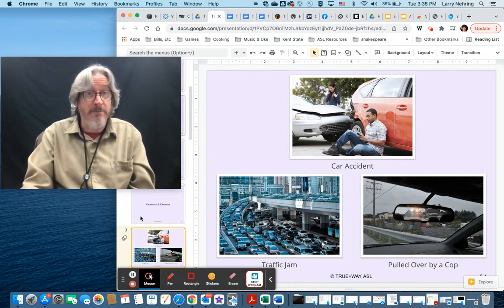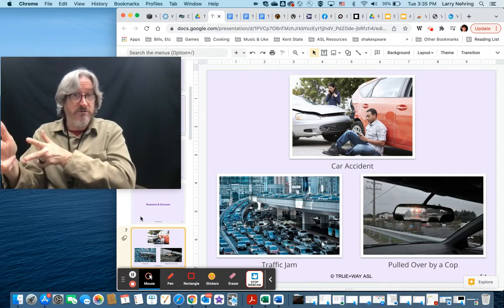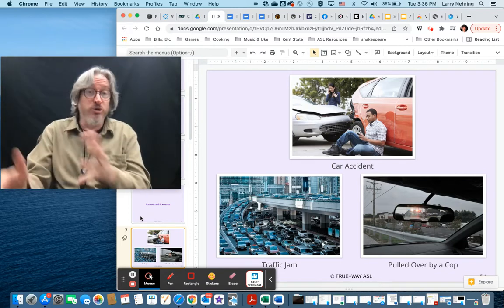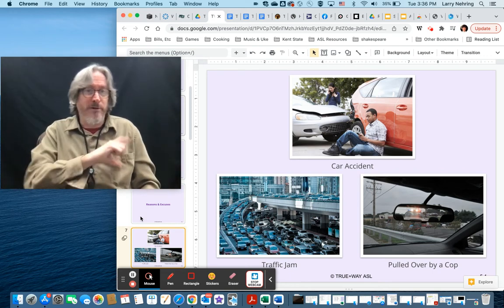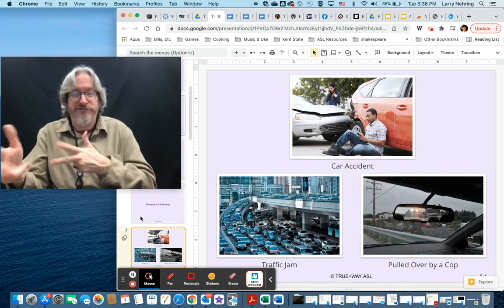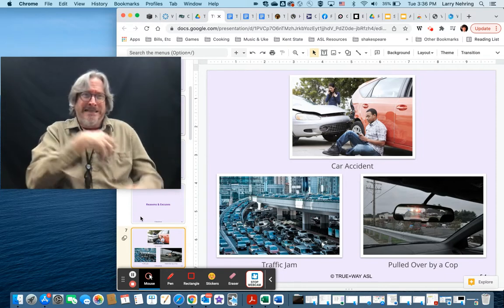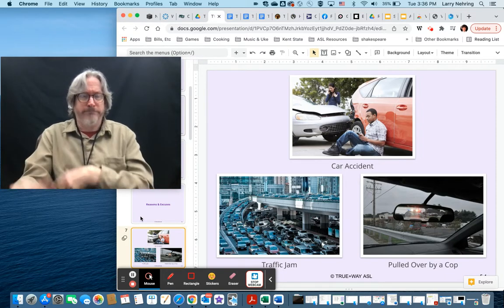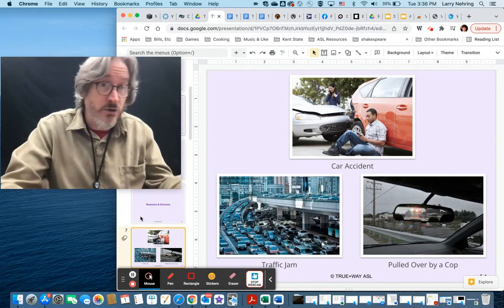Pulled over by a cop. Again, we got the 2 cars, one in front of the other one, and you get pulled over. We usually assume that it's a police officer. You can also do police, the flashing lights on top. So you can add more detail to any story.